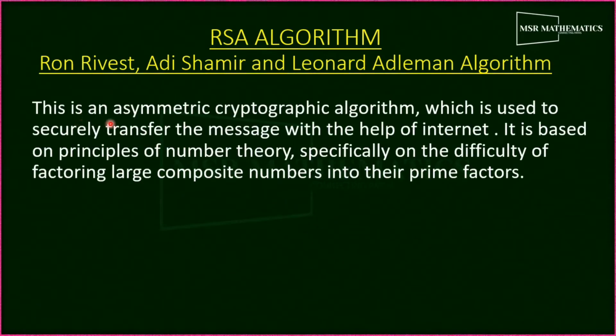The RSA algorithm is an asymmetric cryptographic algorithm which is used to securely transfer messages over the internet. It is based on a principle of number theory, specifically on the difficulty of factoring large composite numbers into their prime factors. The main intention of the RSA algorithm is to transfer the message.